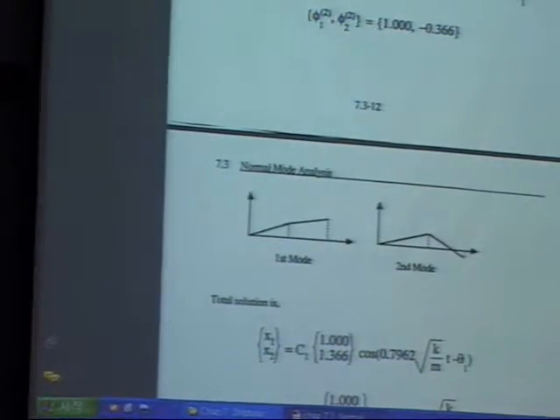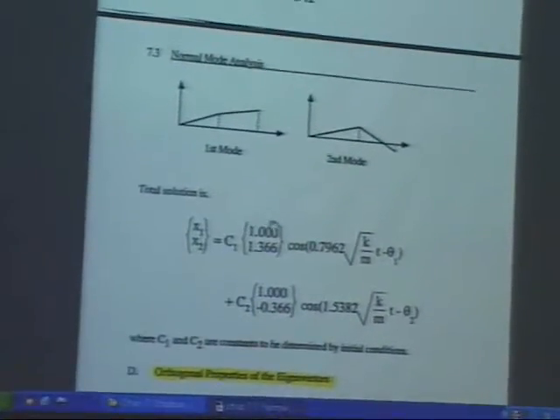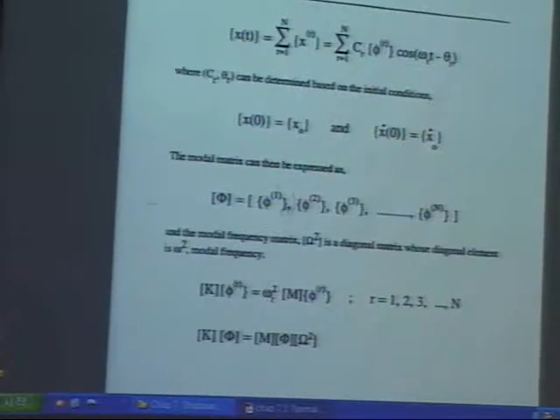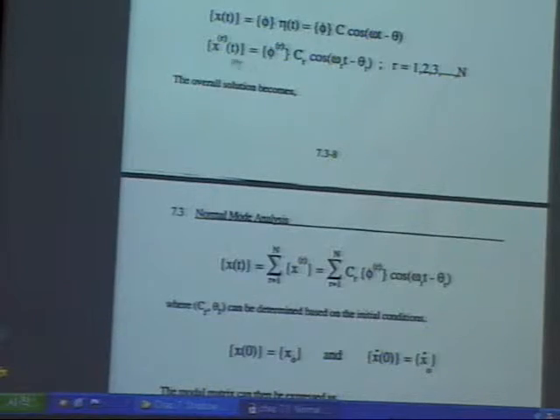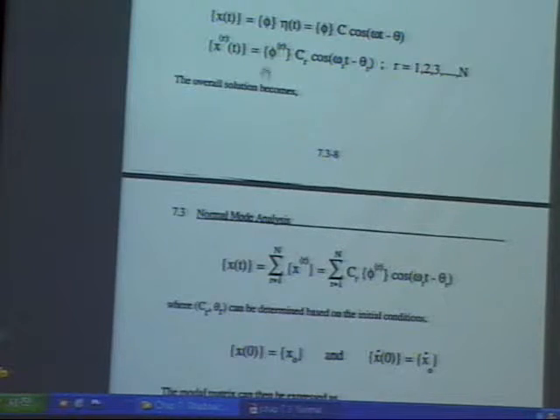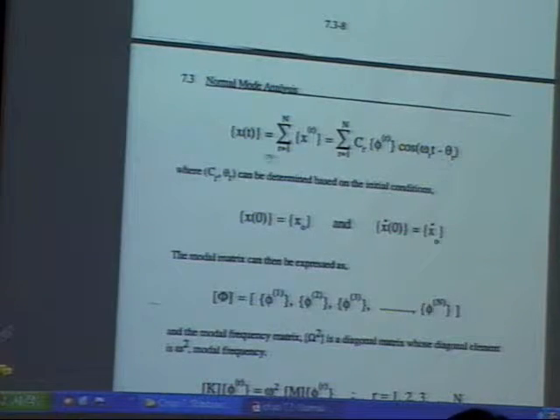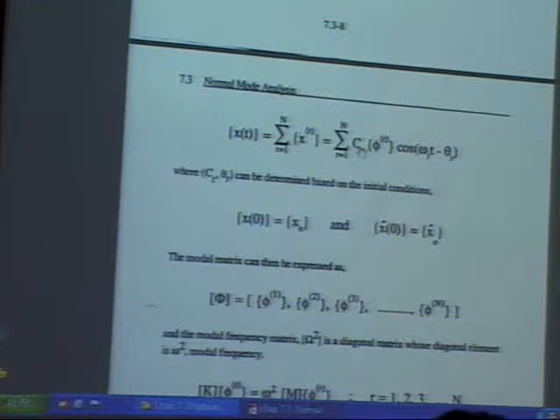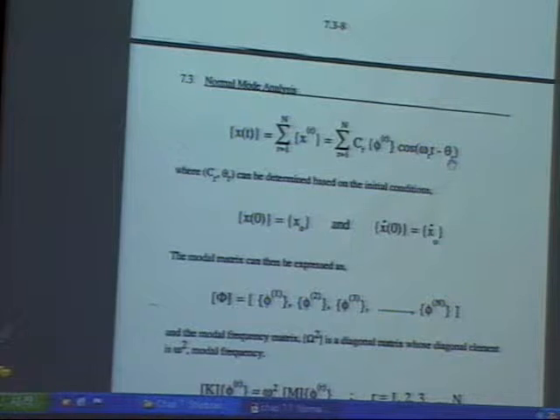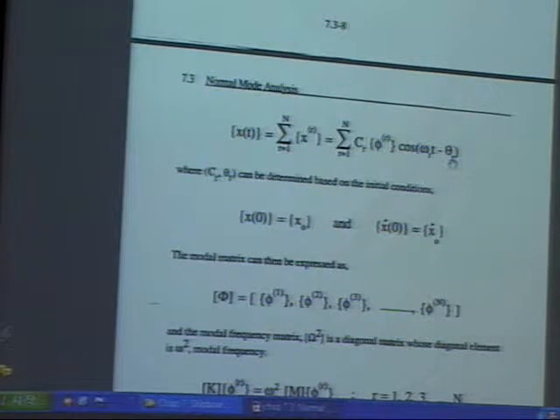So it's the same thing as far as the total solution is concerned. So this is a mode, right? We have a solution set here. For the rth mode, you have a 2, then you have to have a summation, it's right here. And the CR and the theta R, you determine by initial condition.